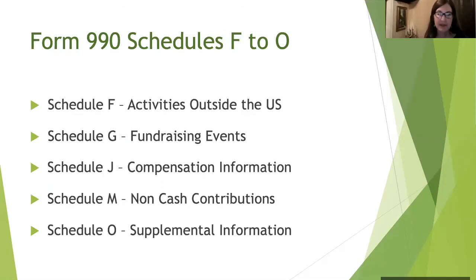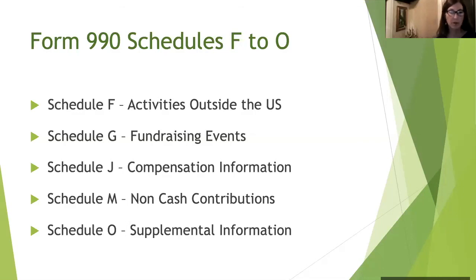I'm not going to spend much time on the other schedules F through O. They do want to know if you have activities outside the United States. They want to know the details of your fundraising expenses. So I hope you're keeping separate records for each fundraiser, so you know how much came in for each fundraiser and what you spent on each fundraiser.